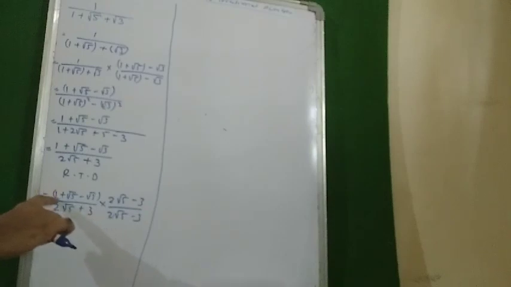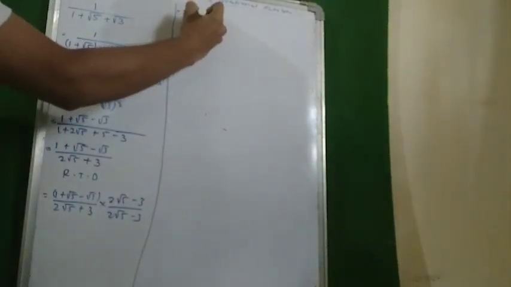So we will multiply each term by the number. That is 1 multiplied by 2 square root of 5 minus 3, root 5 multiplied by 2 square root of 5 minus 3, minus root 3 multiplied by 2 square root of 5 minus 3. Okay.